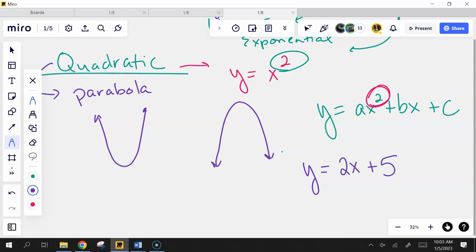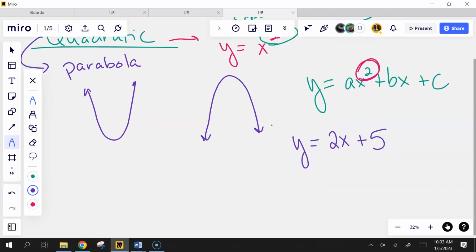Okay, before I go any further, tell me, quadratic or no? No. Why? No exponent on the x, right? That is what kind of equation? Linear. Next one: yes. Why? The exponent is 2.